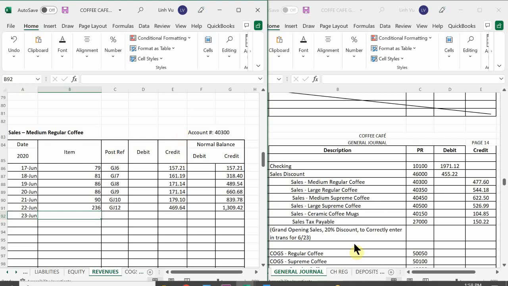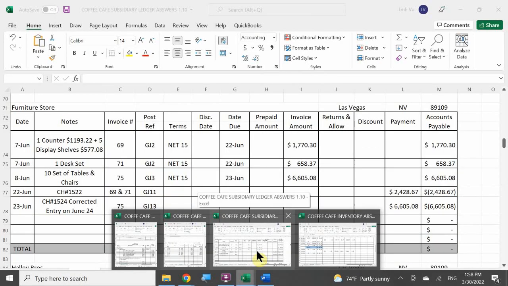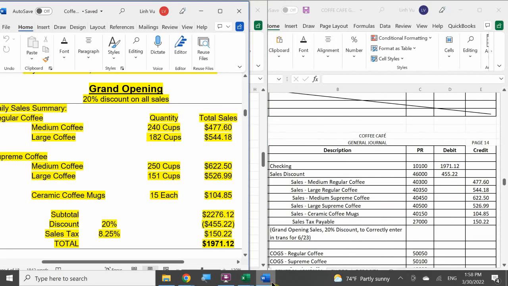How many items did we sell on the 23rd? Five items.